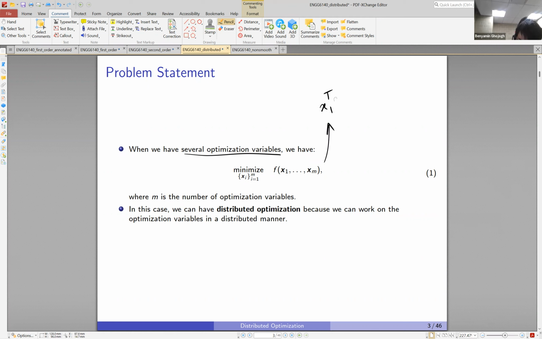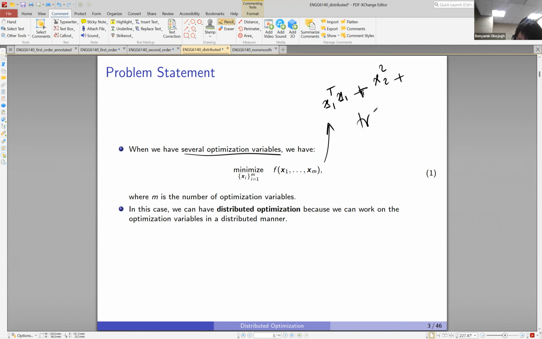x1 transpose x1, where x1 is a vector. I write an underscore before this because I can't write bold. Okay, assume it's bold. This is a vector, x1 transpose x1, but let x2 be a scalar, like x2 squared. x2 is a scalar, x1 is a vector.